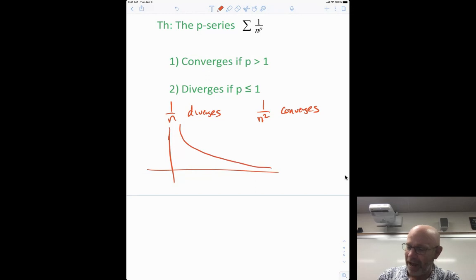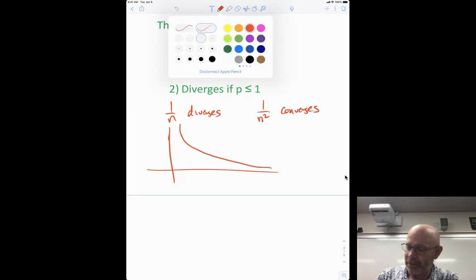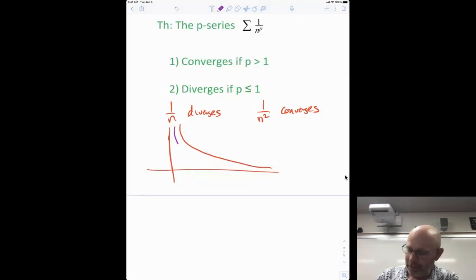Here's the way I think about it. Both of these graphs look like that. They just get smaller and smaller, and the terms approach 0. Don't forget the terms approach 0. However, the purple one, notice it's a little bit below the other one, right? Because it's 1 over n squared. It's going to be a smaller number than 1 over n.